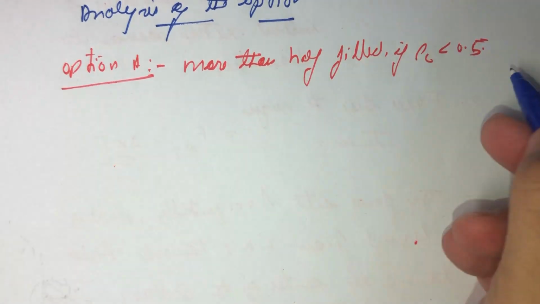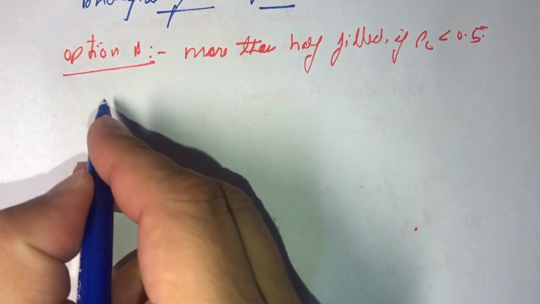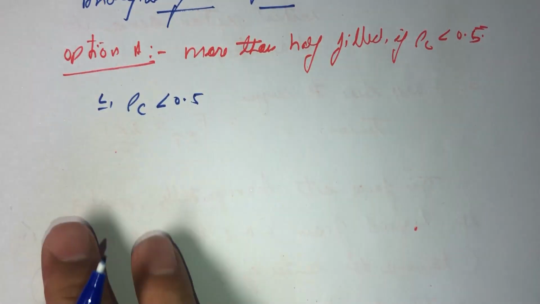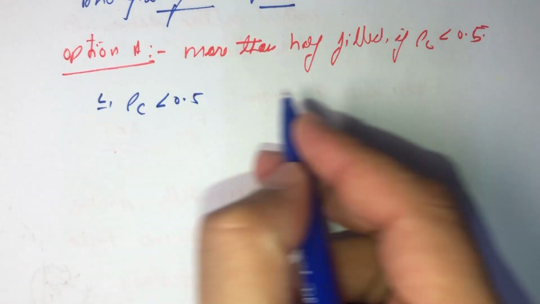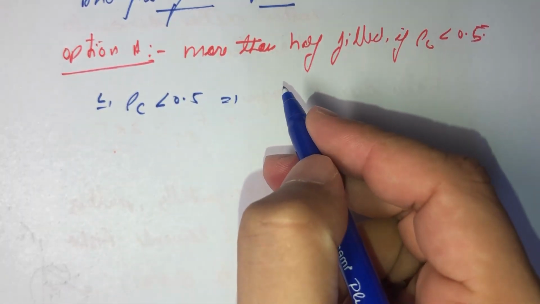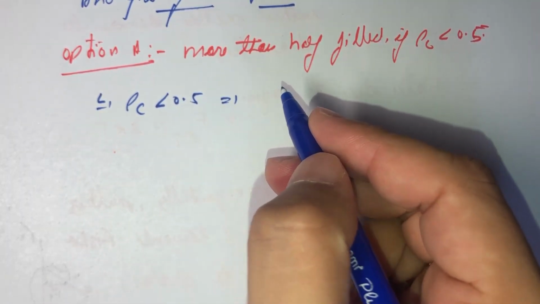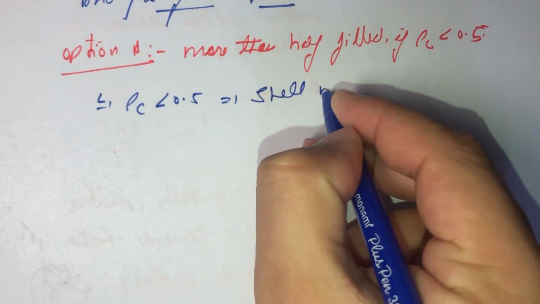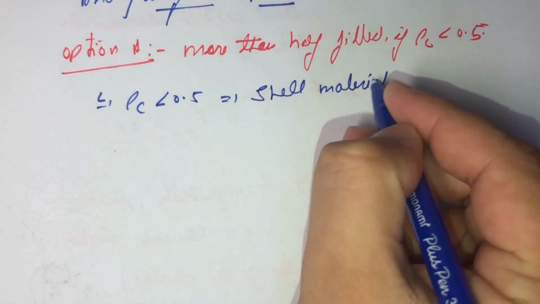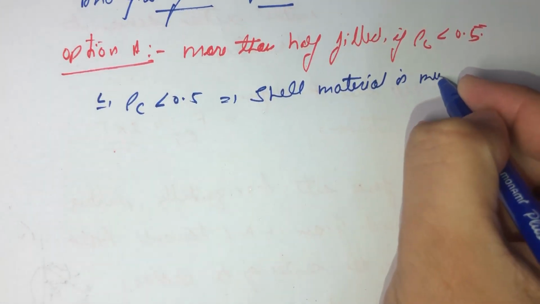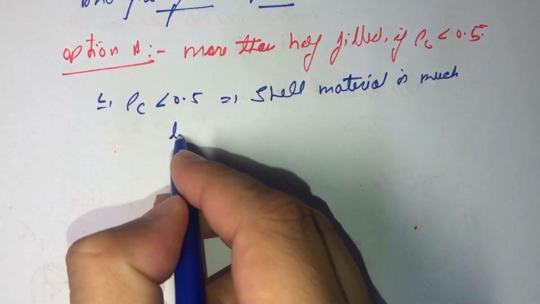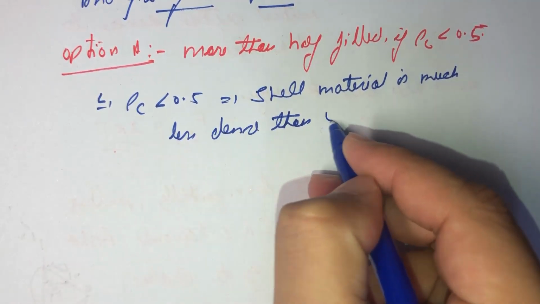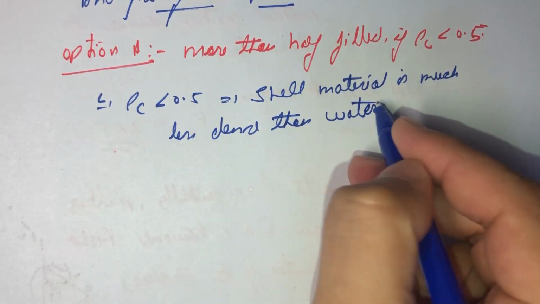So we can draw a conclusion that when rho c is less than 0.5, shell material is much less dense than water.